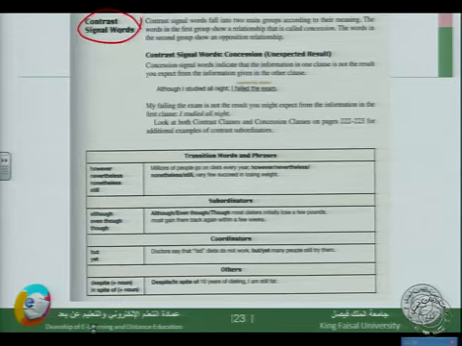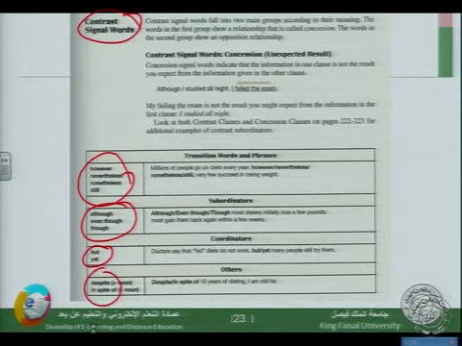We have also contrast signal words. However, nevertheless, nonetheless, still, although, even though, but, yet, and despite, and in spite of, and pay attention that after them they should have nouns. So however, nevertheless, nonetheless, still, these are called transition words and phrases.